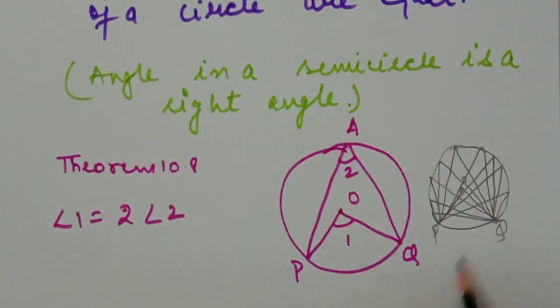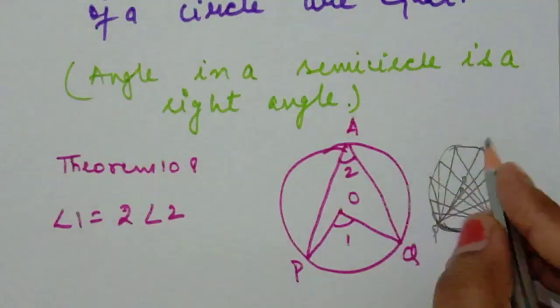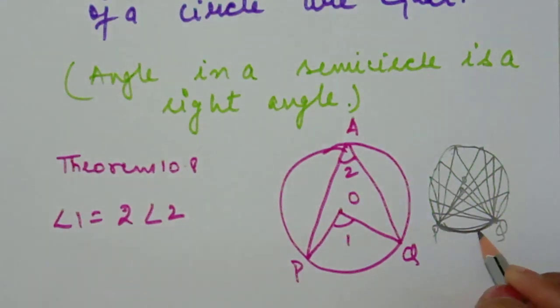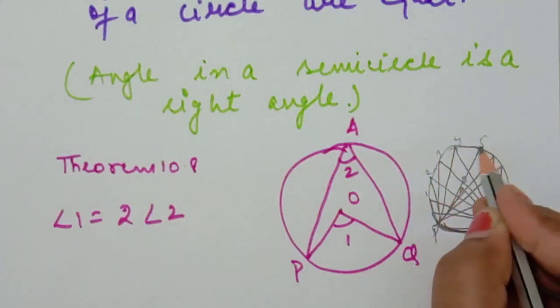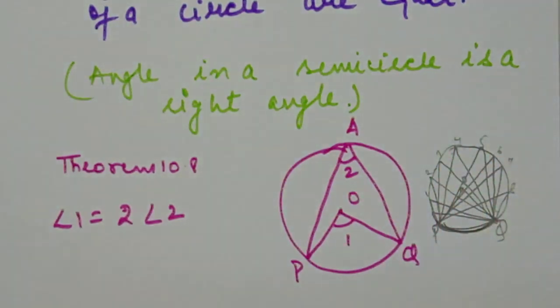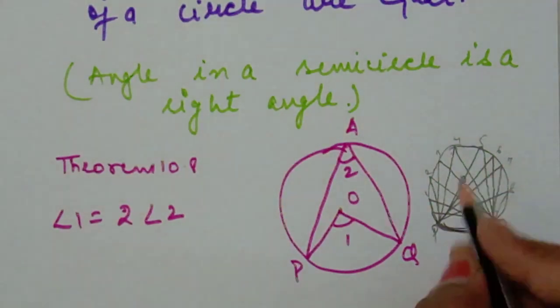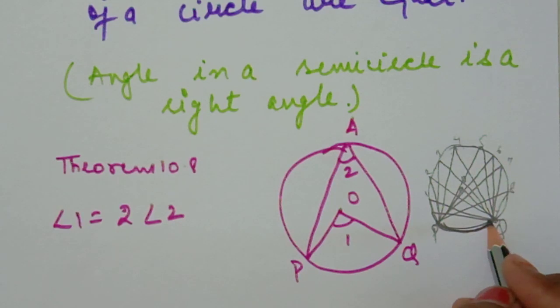The basic concept is this: all the angles are made by this arc PQ. So they all are equal because they are present in the same segment made by the same arc. If this is angle 1, 2, 3, 4, 5, 6, 7, 8, they all are equal to each other. We have infinitely many angles here and they are all equal because they are made by the same arc.